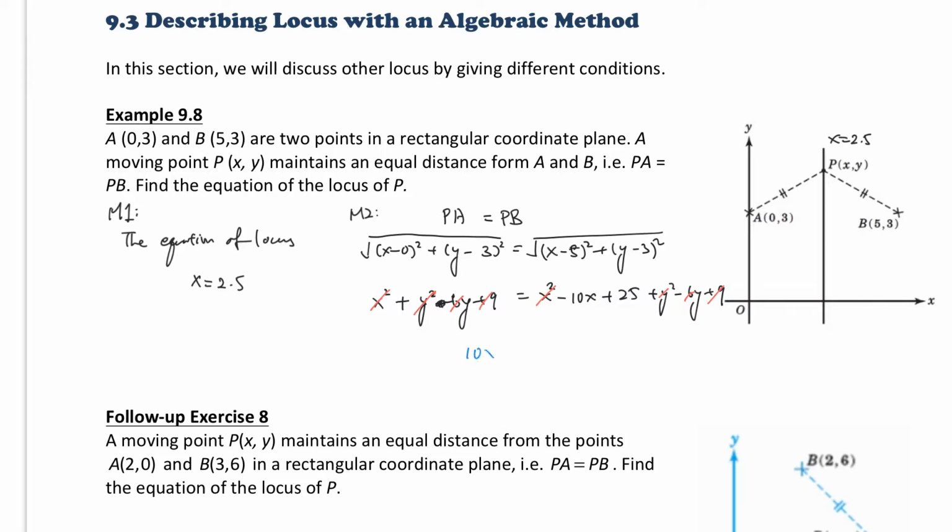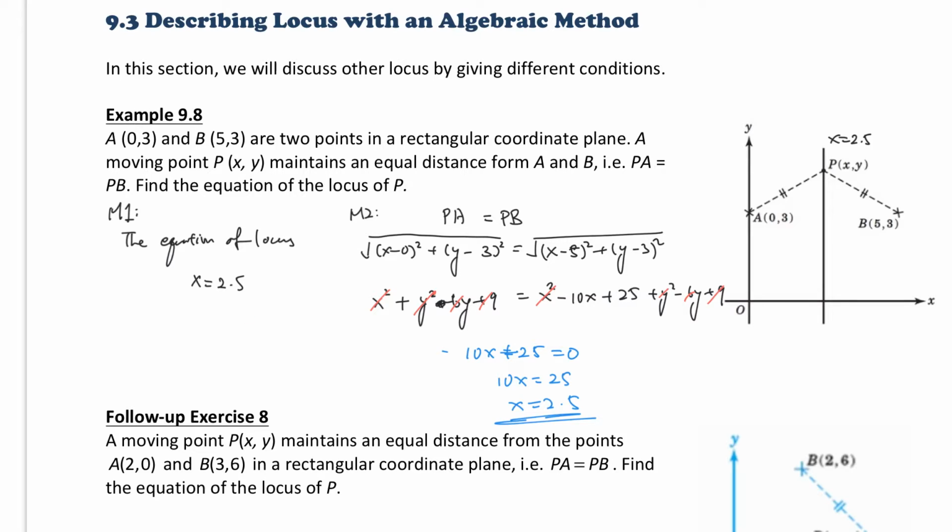Remain negative 10x plus 25 is equal to 0. Add 10x on both sides, so 10x is equal to 25. X is equal to 2.5. This is the equation of locus of P by using the given information. Setting up the equation, simplify it, you can find the equation of locus.